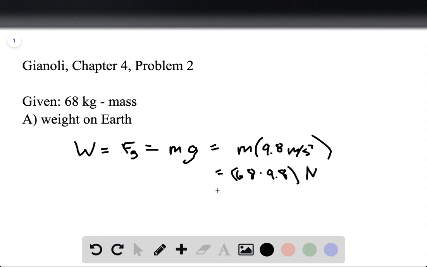We can plug that into a calculator and get 666.4 newtons. But remember, we only want to report the number of significant digits that we're using, which is 2 significant digits, 9.8, 68. So this is roughly 670 newtons.